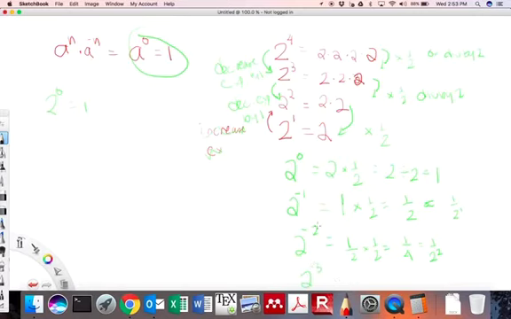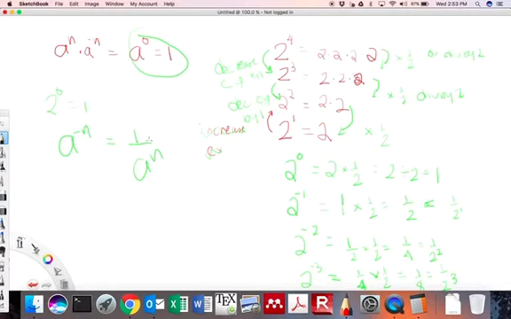2 to the negative third: negative 2 minus 1 is negative 3. Well, 1/4 times 1/2 is 1/8, or 1 over 2 to the positive 3. So it turns out that a to the negative n is 1 over a to the opposite of negative n, better known as positive n.